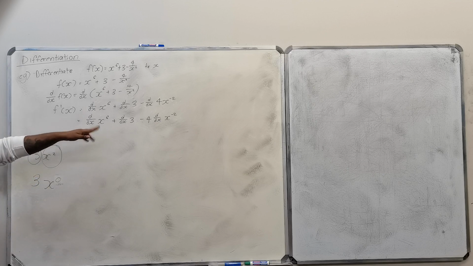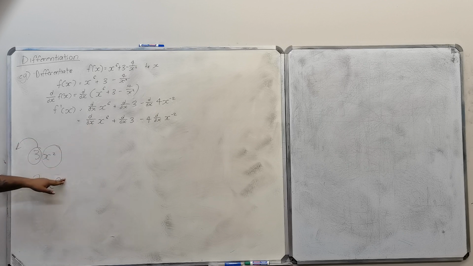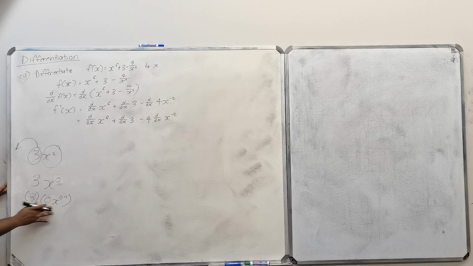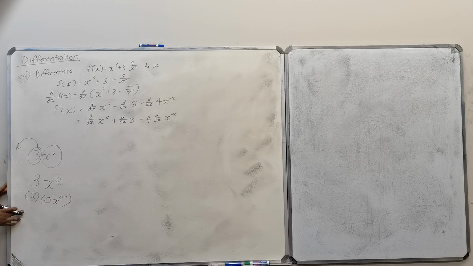That number is not 3x, it's 3. x to the power 0 is 1, and 1 times 3 is 3. That's why we only have a constant. What's going to happen is you end up with 3 times 0 times x to the power 0 minus 1, which is 0. So that's why the derivative of a constant is 0, rule 3.